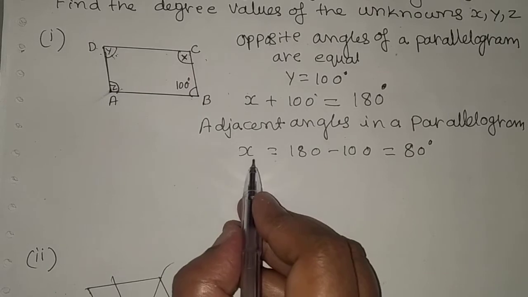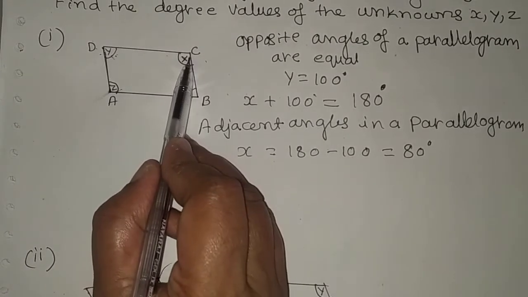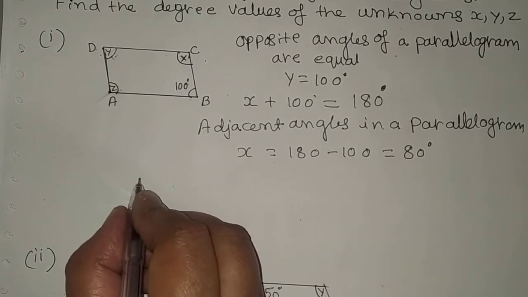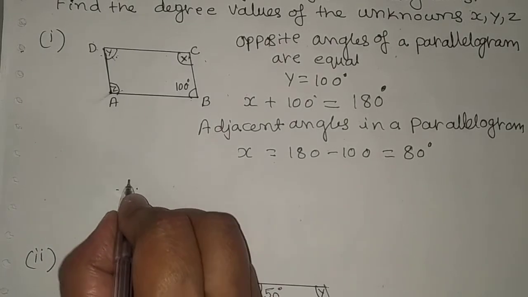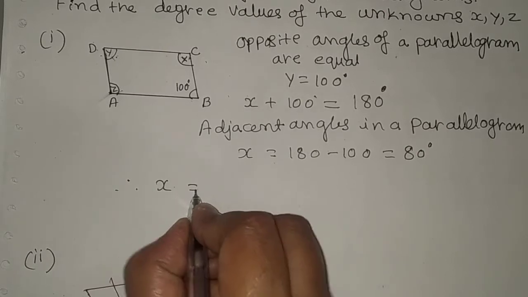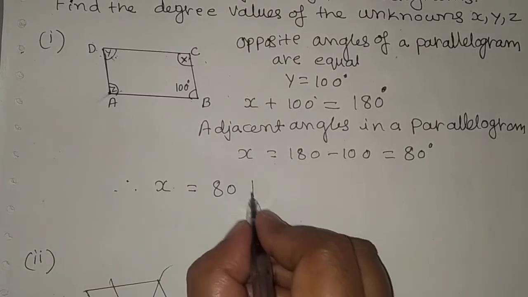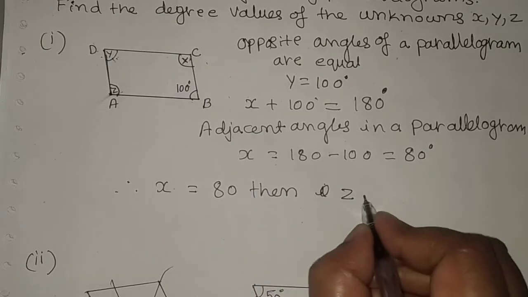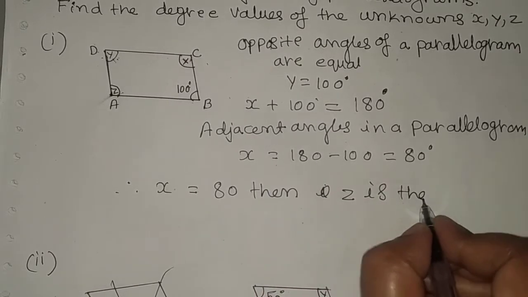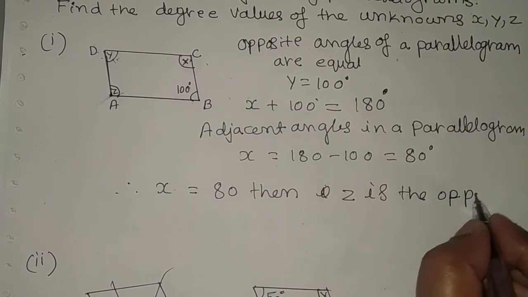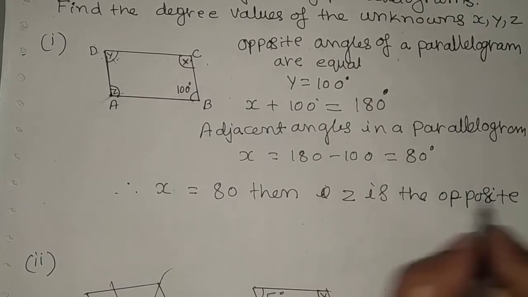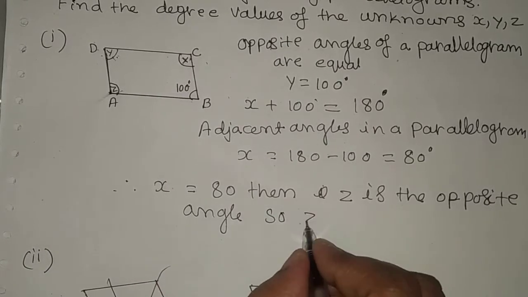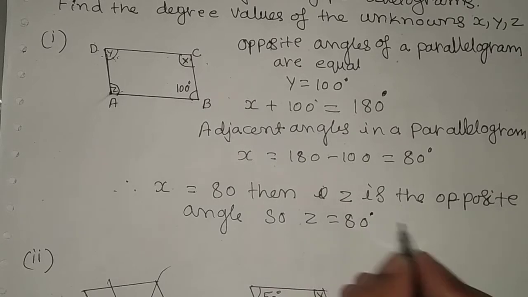When x is 80, then z, the opposite angle, will also be 80 degrees. So this is the answer.